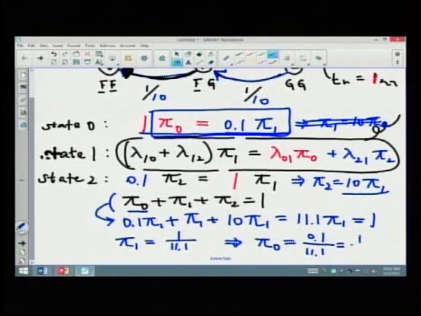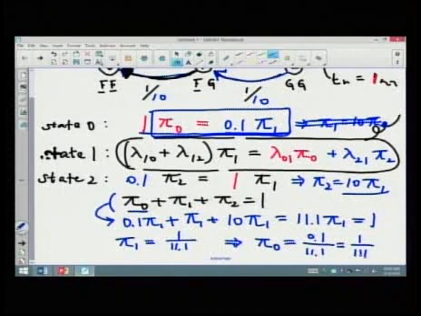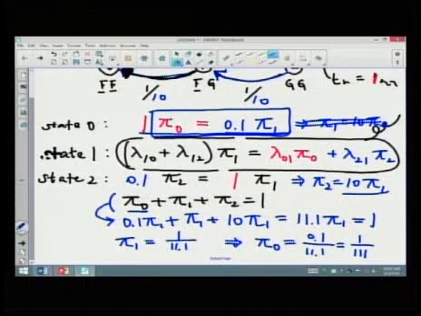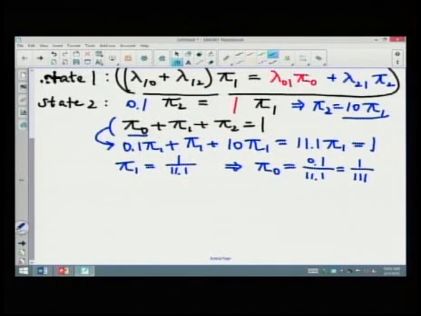That is 1 over 111. So what is this value? Something 0.00 something? What is 1 over 111?